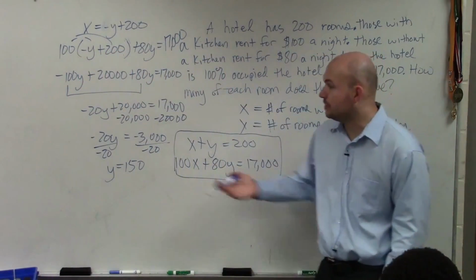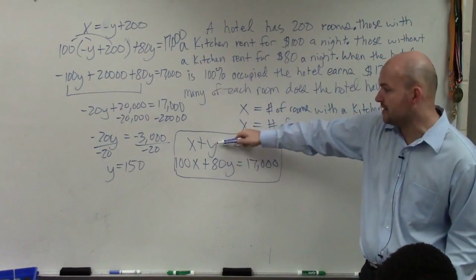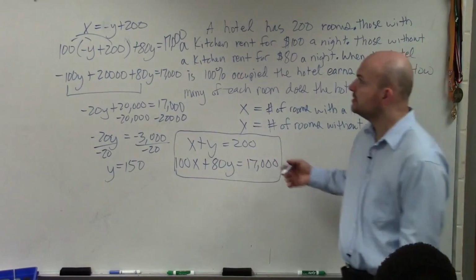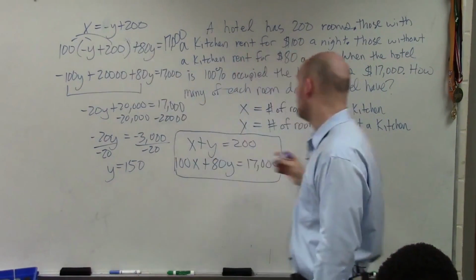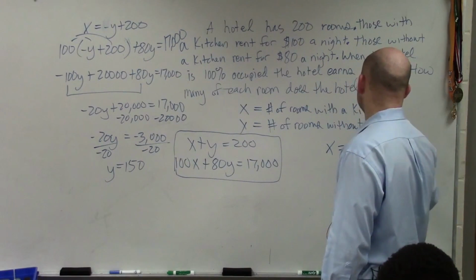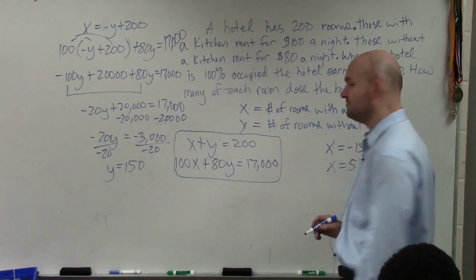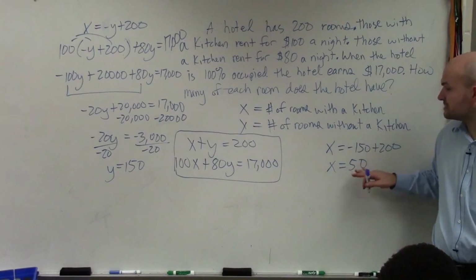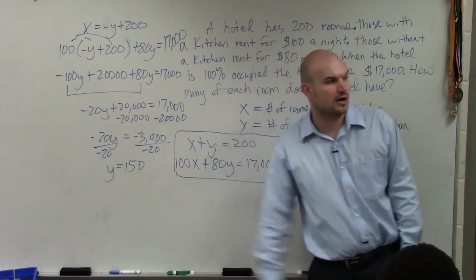So now I know that the total number of rooms that do not have a kitchen is 150. Now to find the value of x, I'll plug in 150 for y. So I say x equals negative 150 plus 200. x equals 50. So therefore, the number of rooms that have a kitchen is 50, and the number of rooms that do not is 150.